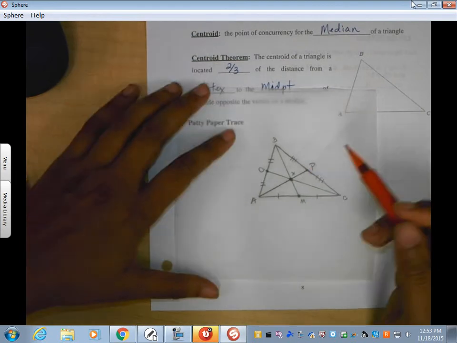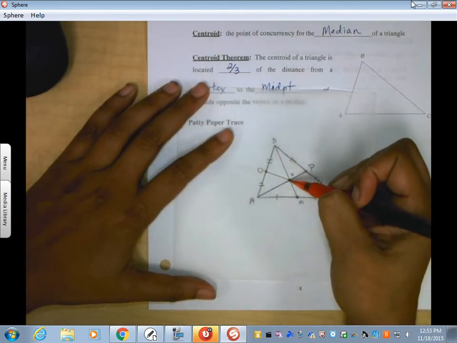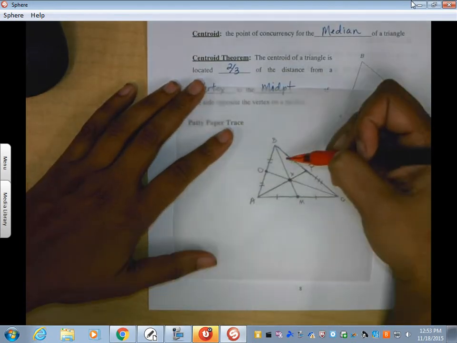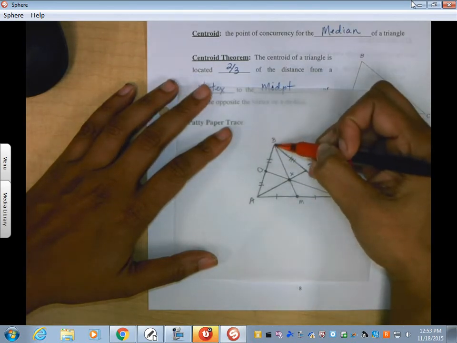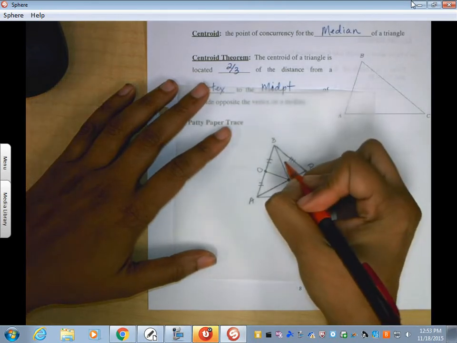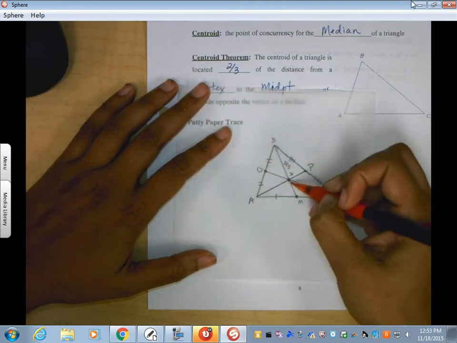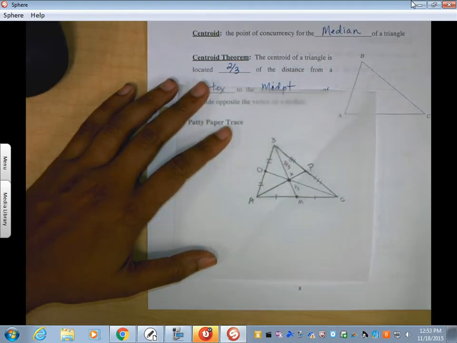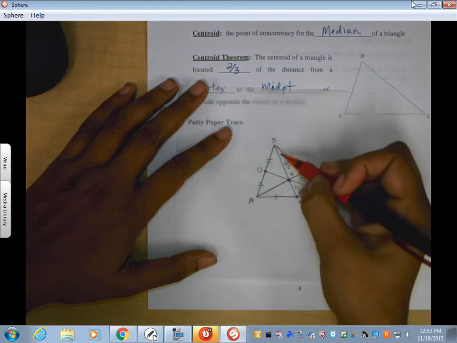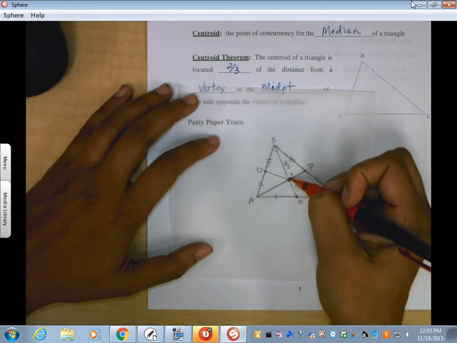If I'm looking at point X, X is your centroid, and I was looking at the median BM, the distance from B to X would be 2/3, and the distance from M to X would be 1/3, because the whole thing would be 1, right? So the distance is 2/3 to that centroid.